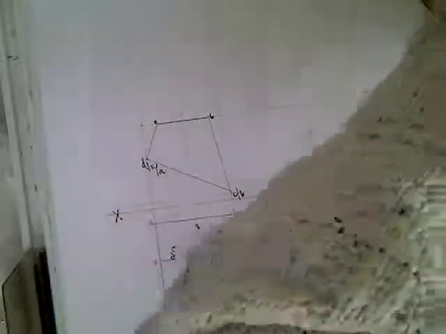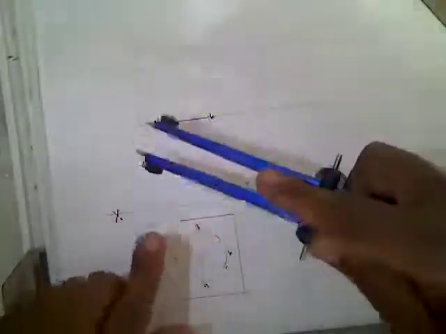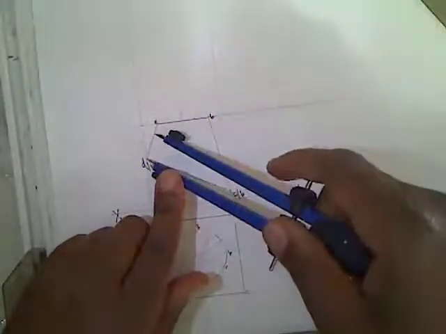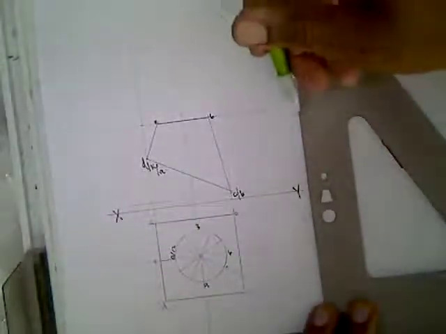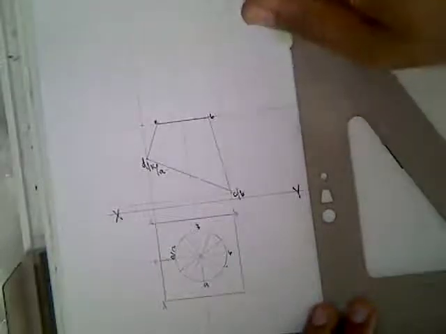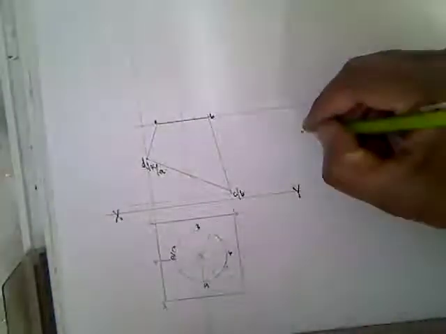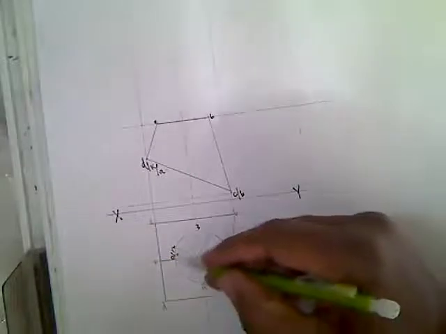Let's do it. Here it is. It is parallel to the ground. That is the true length, 0 to K. So I want to start my development here. Let's check where I can see. Yeah, I'll start it here. So this will be on the inside. That will be my 0.